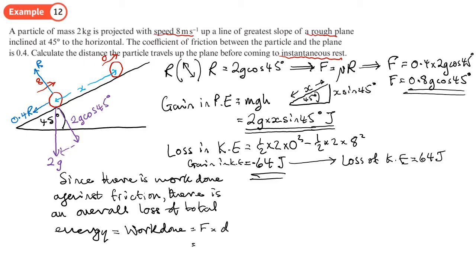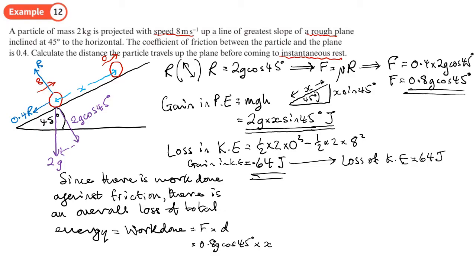So in our case, the frictional force we worked out at the top, 0.8g cos 45, times the distance, which is x.